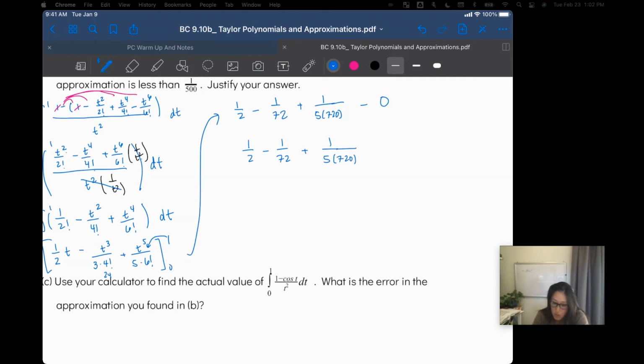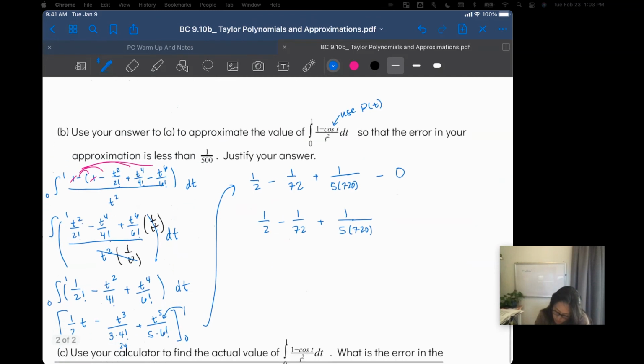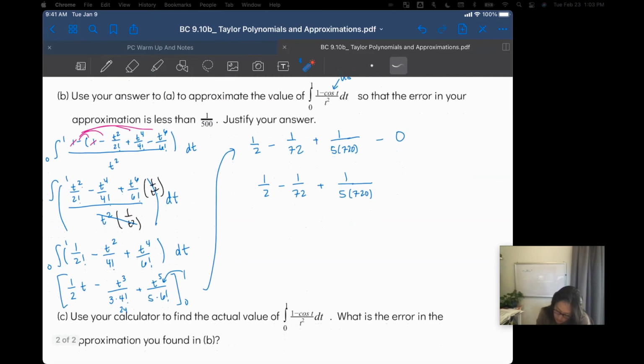And what it's asking is we want to approximate the value of the integral so that the error in your approximation is less than 1 over 500. So I just look at the terms, and I first need to make sure that there's some alternating action here, because all we know how to deal with is alternating errors.